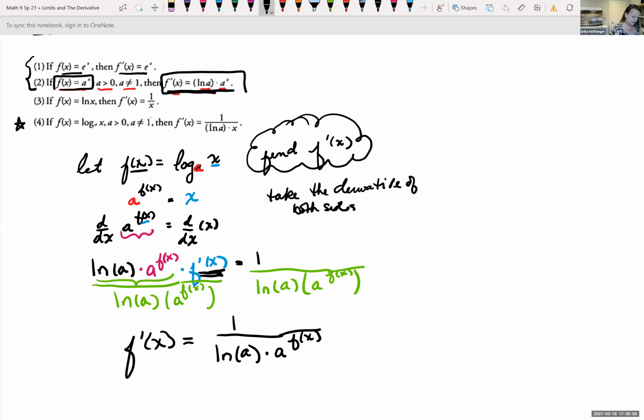But we need to go a little further. And what is f of x? So let's go back a little further because we're not quite done. Up here, f of x, remember? F of x is just log base a of x.